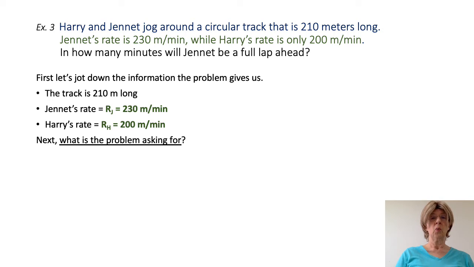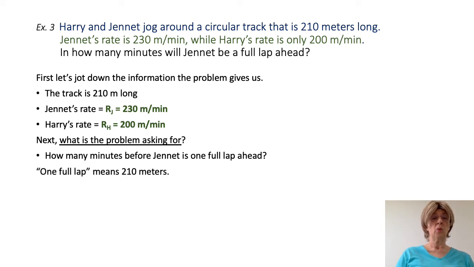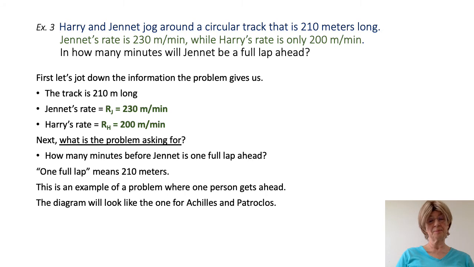Next, what is the problem asking for? How many minutes before Janet is one full lap ahead? One full lap means once around the track, which is 210 meters. This is an example of a problem where one person gets ahead.